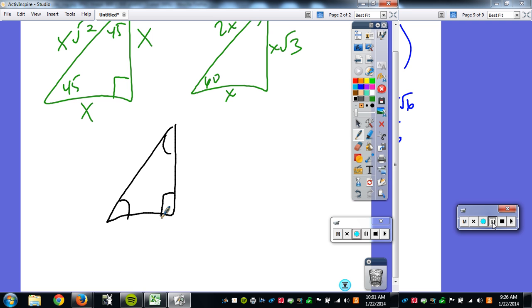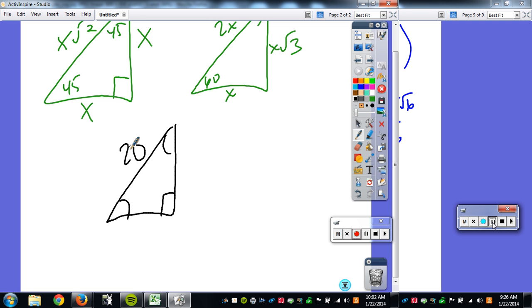Okay, let's pretend, though, or let's just say the hypotenuse of this 45, 45, 90-degree triangle is 20. I would like you to tell me the other two sides. Okay, how would I go about this? I would go about by saying, what does this 20 represent on my basic triangle?